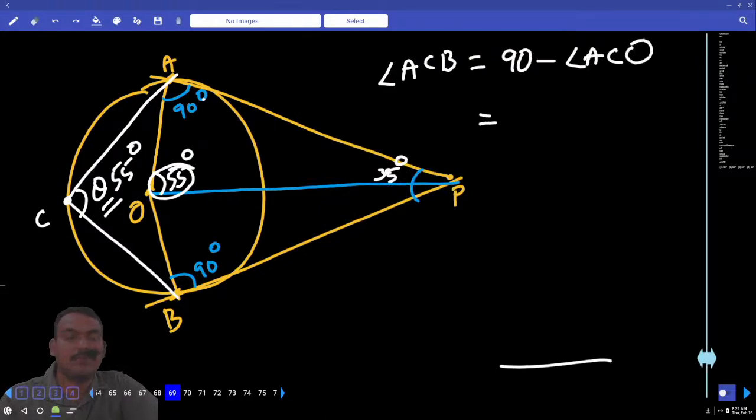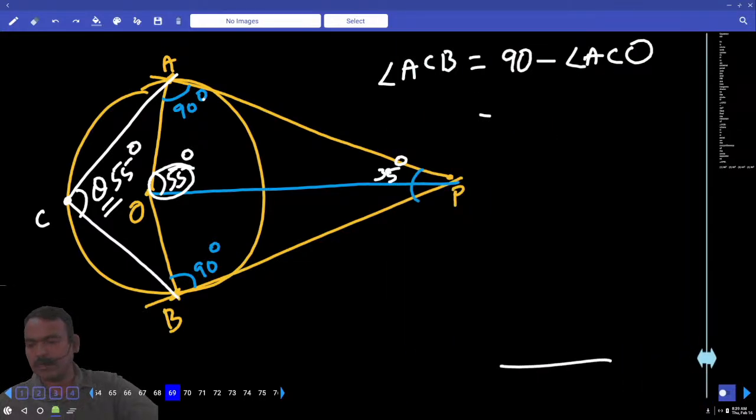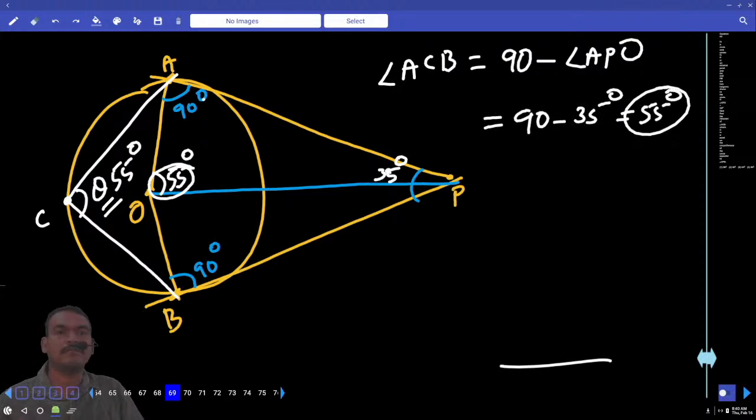What is the angle ACB value? We don't know. But 90 degrees minus angle ACO. Sorry, it is angle APO. 90 minus angle APO is how much? 35. 90 minus 35, 55 degrees or not?